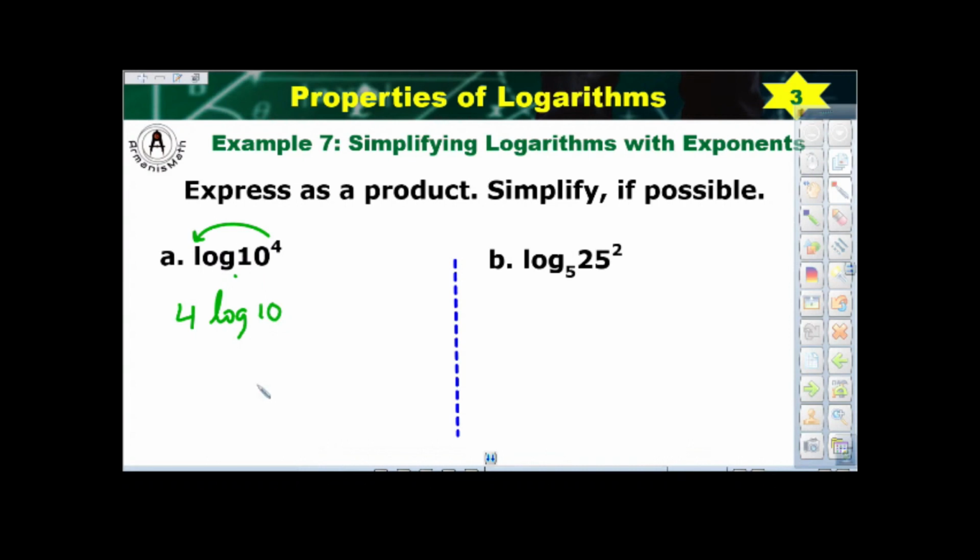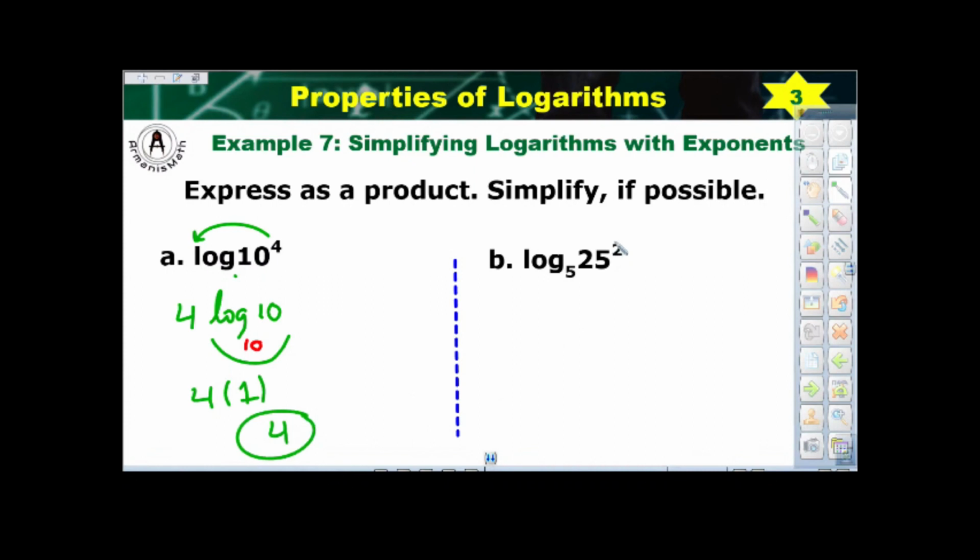If there's no base, what's the base? Don't forget that. 10. So basically, you don't have to put it. I'm just putting it for you. So 10 to what power gives you 10? To 1. So basically, this whole spiel is 1, and you have 4 times the 1, which is just a 4.